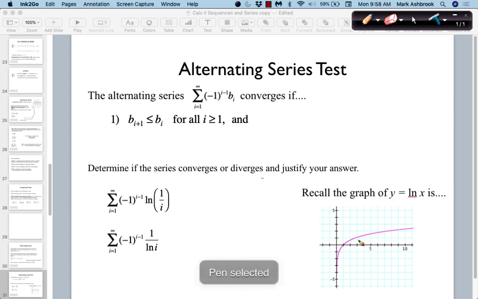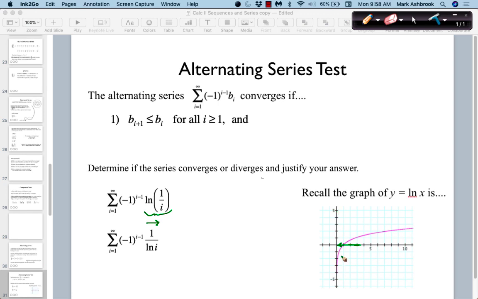So that would mean that 1 over I does what? It's going like this, right? Because you said it's going to become 0. So as 1 over I does that, what does ln of 1 over I do? What will that go to? So ln is our y-axis here, right?